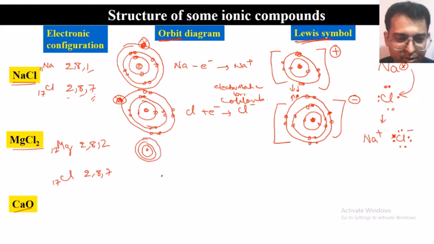I am showing it a bit small because of page constraints, but it is very easy, as you have seen, you are just showing the electrons. 8, 1, 2, 3, 4, 5, 6, 7, 8. Two electrons in the outermost shell, the valency shell, for magnesium, and the same thing we are showing here.